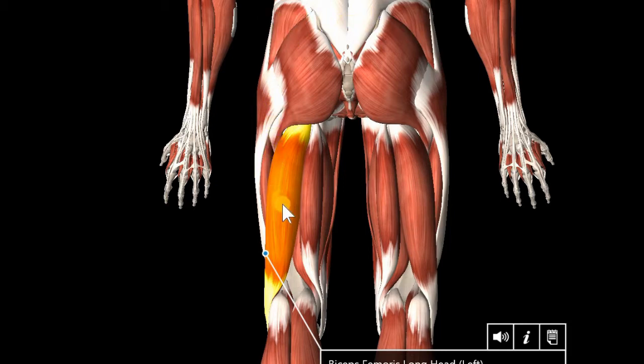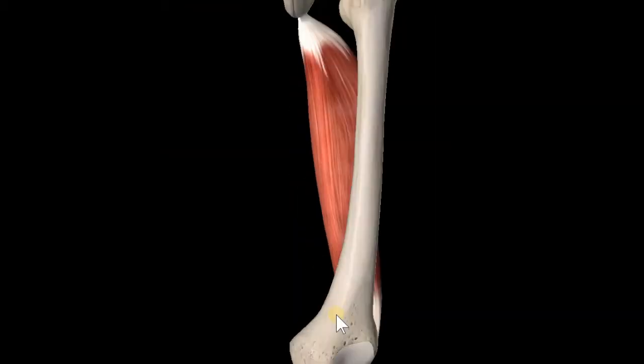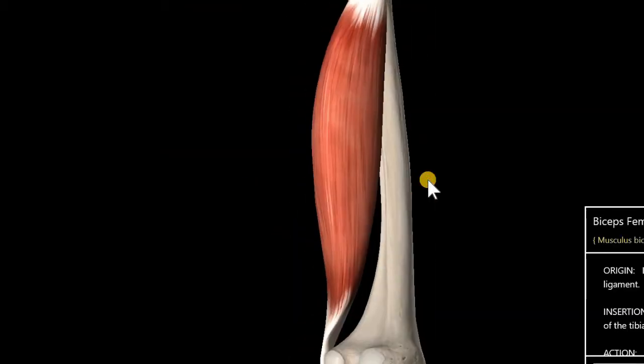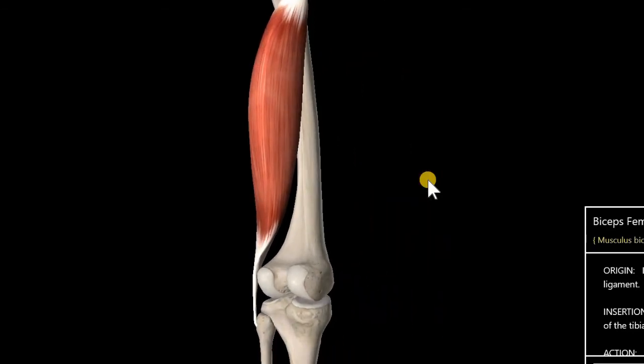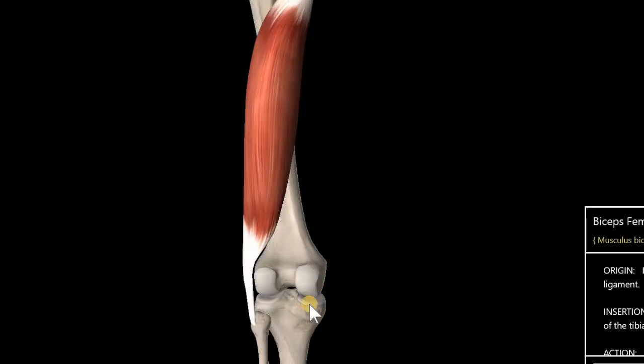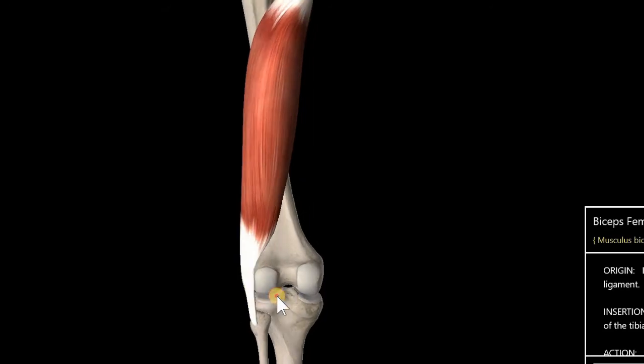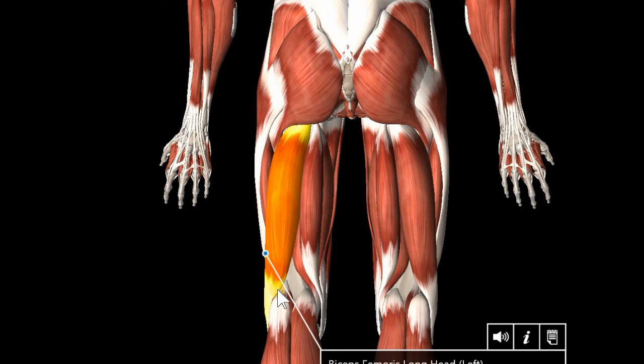The action is, because it crosses 2 joints, you're going to have some extension at the hip, and you're going to have flexion at the knee, and it's going to have some external rotation at the knee.